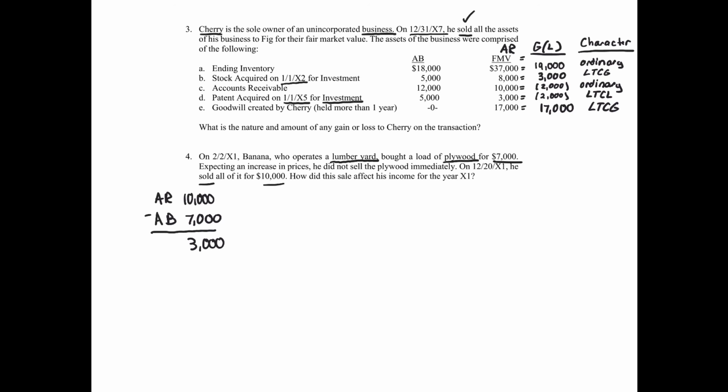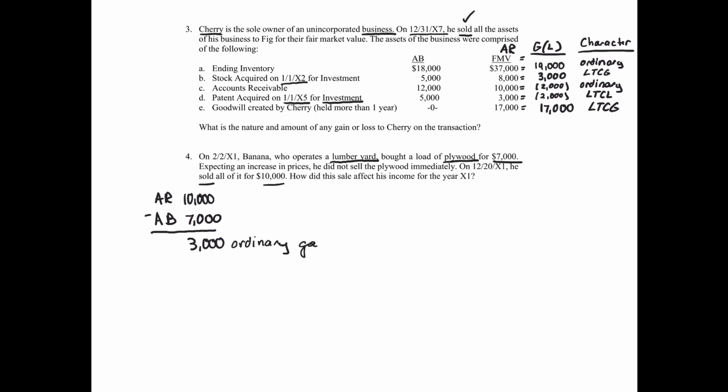Even if Banana sold it off as an investment because, say, there was a fire that destroyed a lot of plywood available for purchase, and the plywood went up in value, even if you speculate, in the hands of Banana this transaction is still considered inventory. And inventory, remember, is one of our items that are not capital assets, always going to be ordinary. So we have a $3,000 ordinary gain.